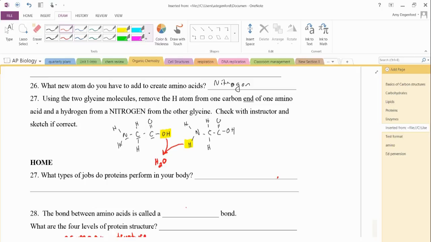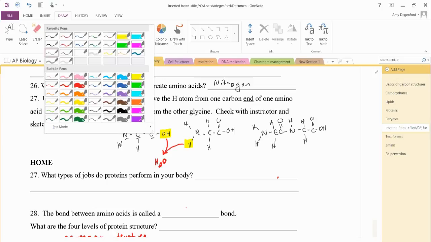And then if I were to draw this over here, what this now means is that this carbon now has the ability to join directly with that nitrogen. So let me go ahead and just finish drawing this, and then I'll point that out. Now, it doesn't matter what amino acid we're talking about. This reaction, this dehydration synthesis, can still occur. So let's not forget those hydrogens.